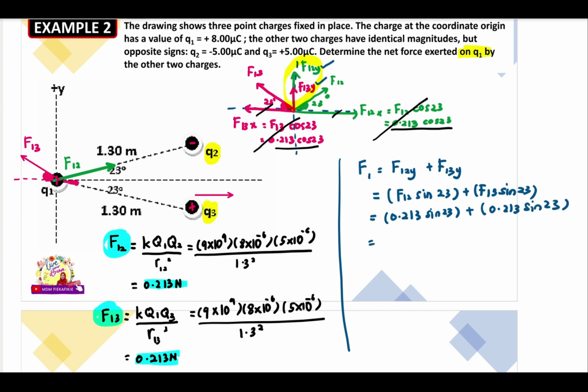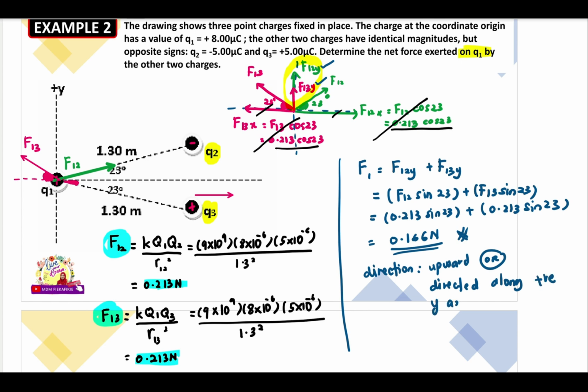So you akan dapat nilai lah 0.166 Newton. Okay, so ni magnitude dia. So since the answer is positive, so the direction is upward, ke atas lah. Ataupun kita boleh tulis sebagai direction of the total force on charge 1 is directed along positive y-axis. Okay, boleh. Okay, so finish example number 2.